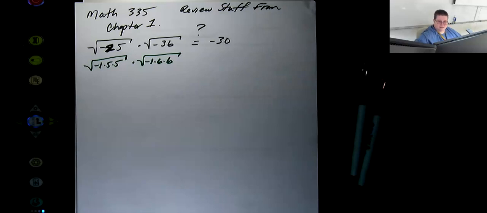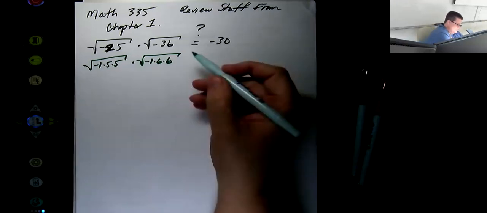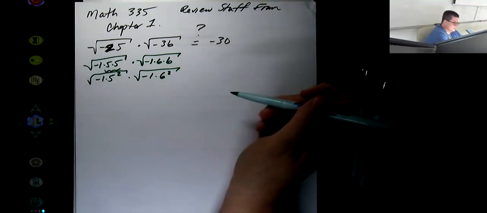And what can I do from there? You can break down 6 further. We could, but when I've got 2 of them, this makes 5 squared, and this one makes 6 squared. What goes on with square roots and squares?